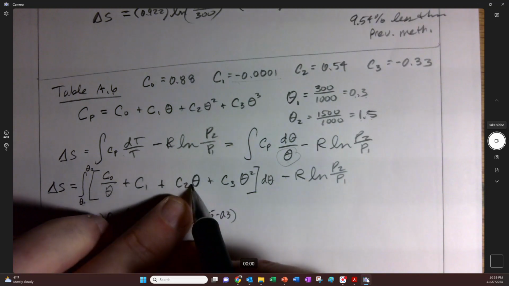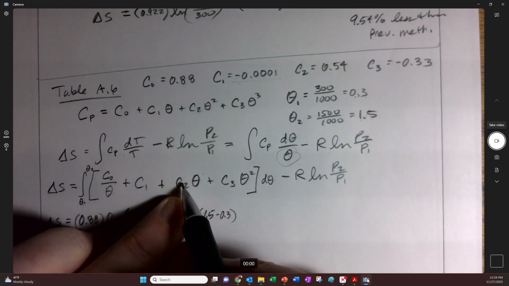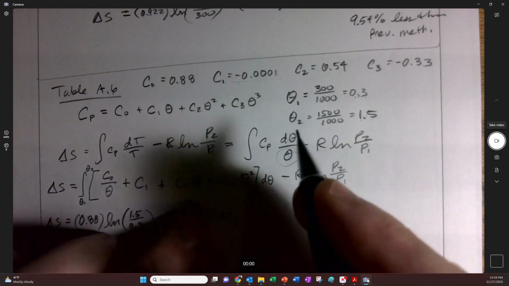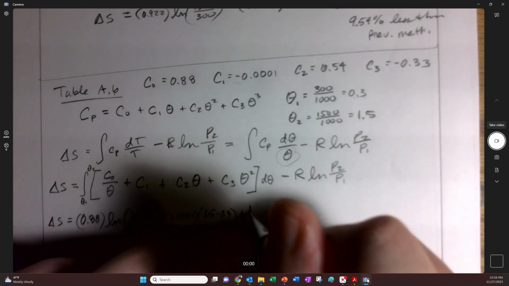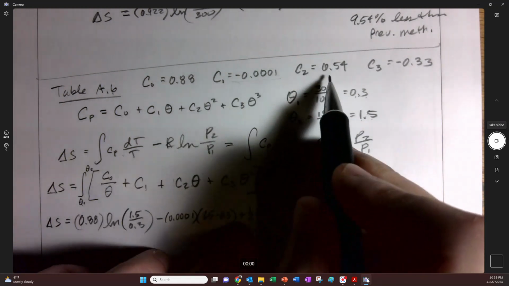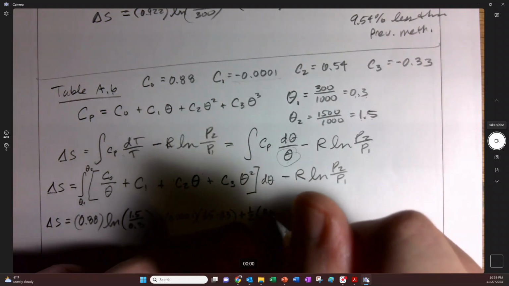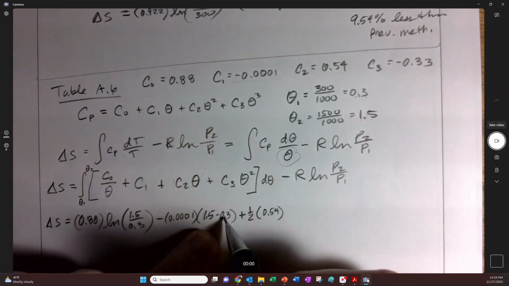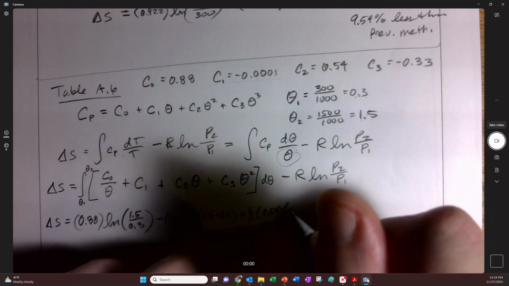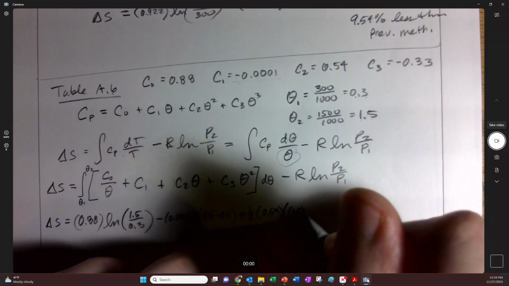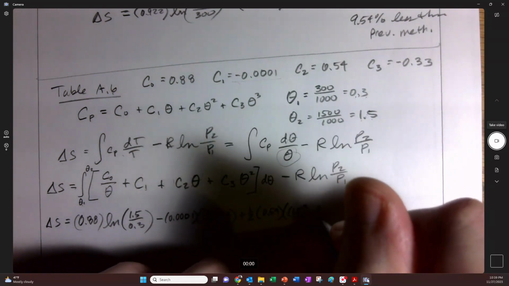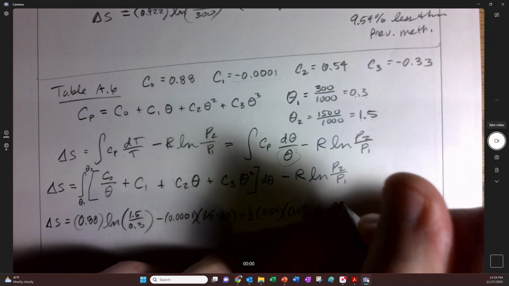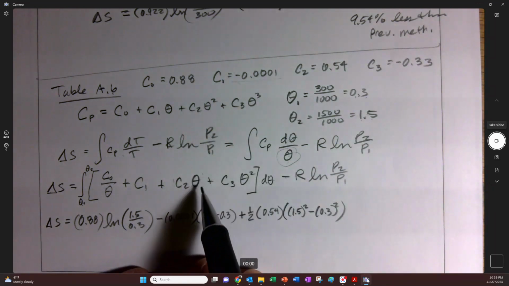This next one is going to be squared, so we have 1/2 times this. We're going to go plus 1/2 C2, 0.54, and it's going to be each of these squared: 1.5 squared minus 0.3 squared. All right, so we took care of that one.